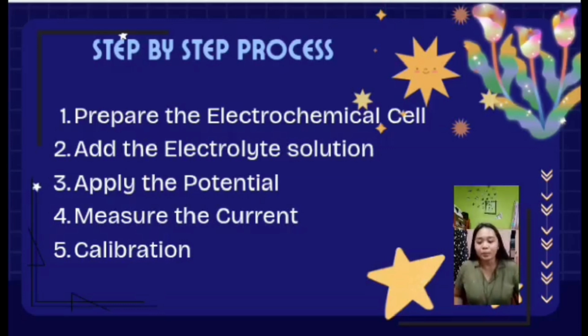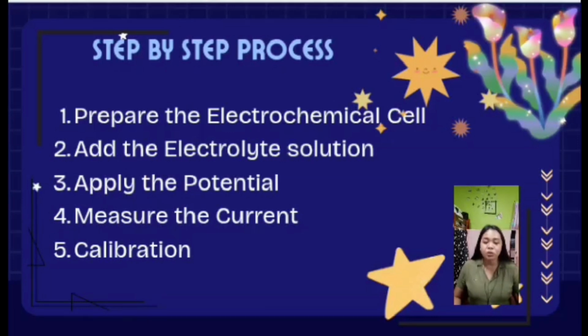So, the step-by-step process of an amperometric experiment. The first one is to prepare the electrochemical cell. Set up a three-electrode system with a working electrode, a reference electrode, and an auxiliary electrode. Second, add the electrolyte solution.